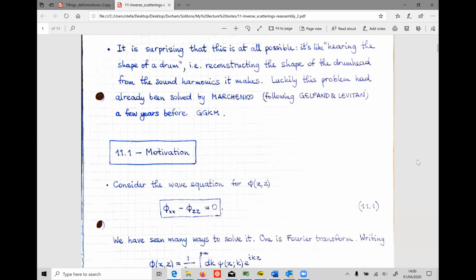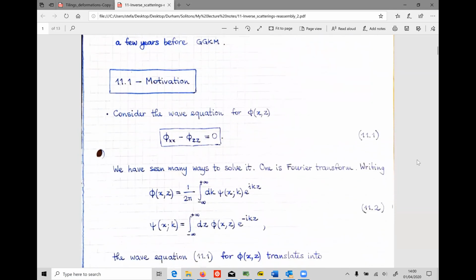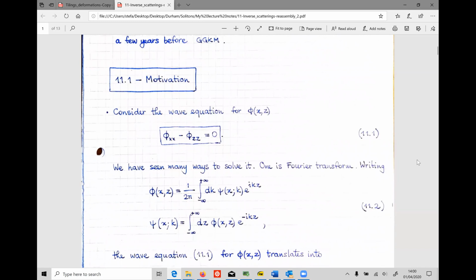So here we start from a wave equation for a function phi of two variables, x and z. So the wave equation is phi xx minus phi zz equals 0, equation 11.1. And we've seen a number of ways to solve this equation. In fact, we can write down the most general solution following D'Alembert. And one way that will be relevant today is that of the Fourier transform.